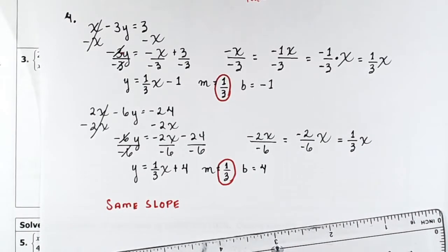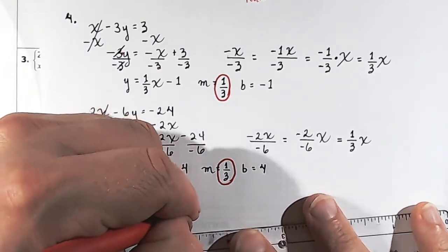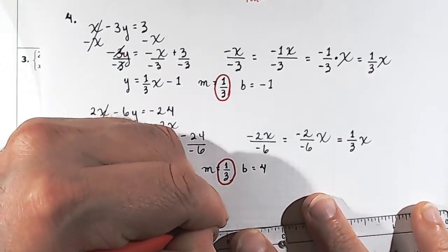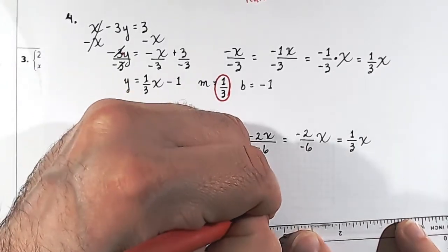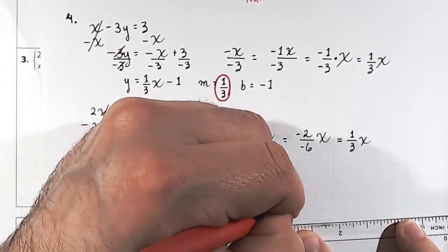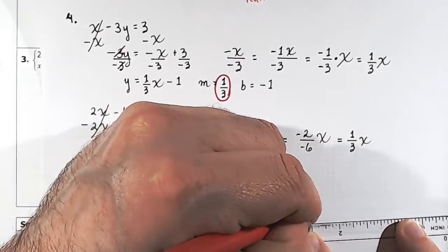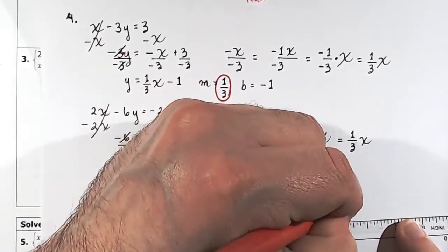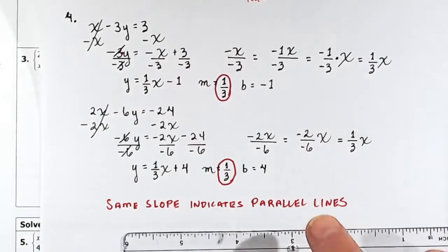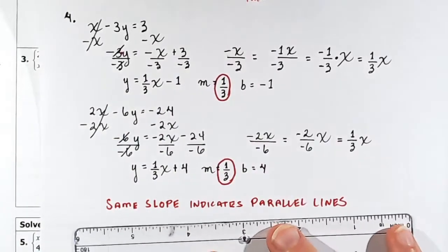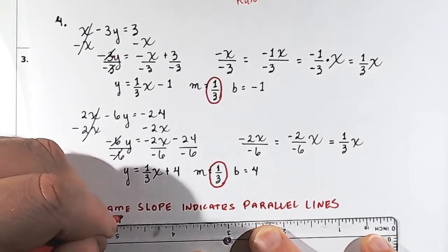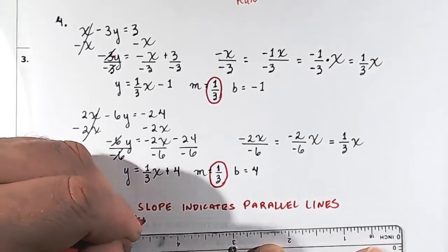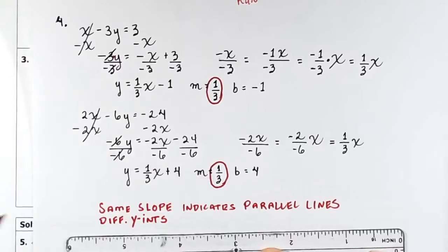All right? Same slope indicates parallel lines. Okay? If you look at the y-intercepts, they're different. So I should say same slope, different y-intercepts indicates parallel lines.